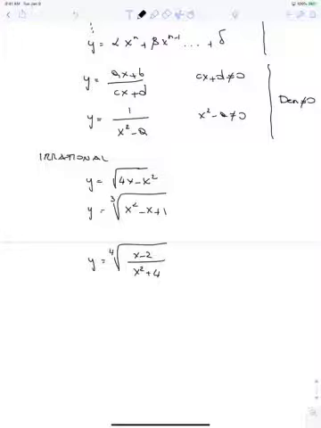All these functions are irrational because there's a root somewhere, either a square root or a cubic root or a root with a higher order. And again, we can have fractions inside a root or not, but all these functions are irrational.